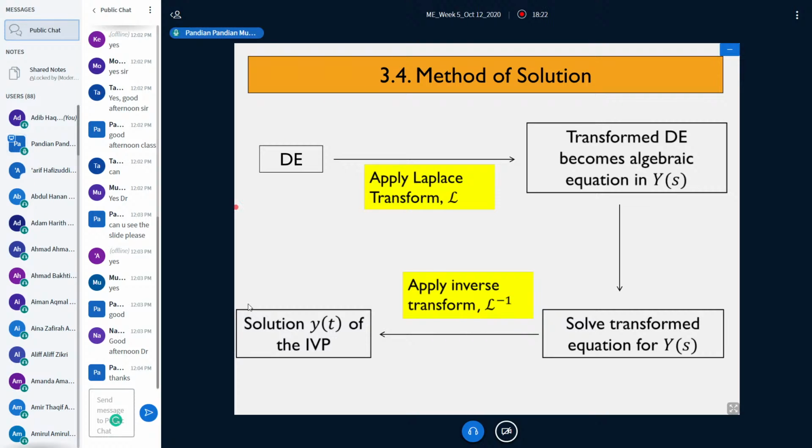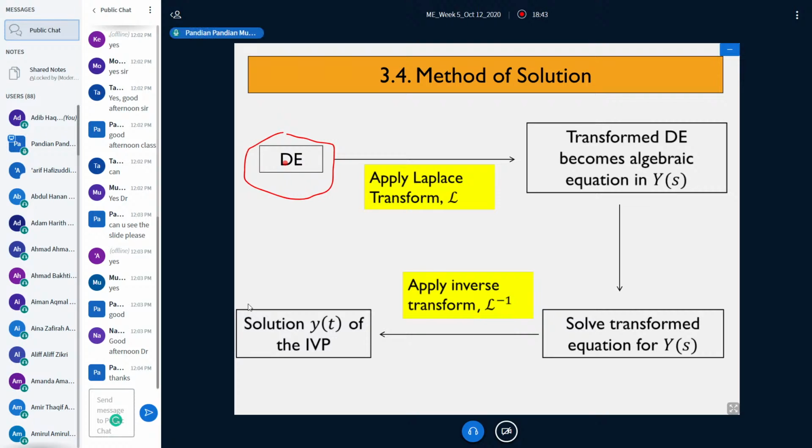So here, you see this is the differential equation. First order, constant coefficient. Homogeneous, non-homogeneous. Second order, constant coefficient. Homogeneous, non-homogeneous.